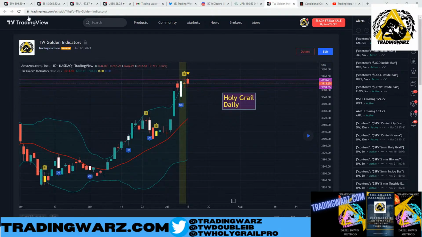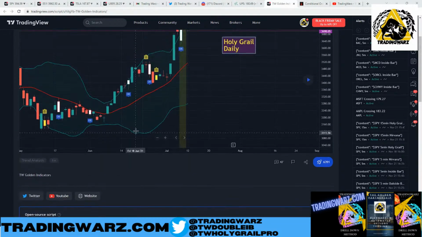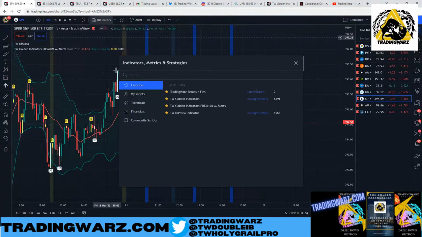All you have to do is click on the link, and when you scroll down, you'll see something that says add to favorites. Right now you can see it says remove from favorites because I already have it added. If you don't have it added, you just click add to favorites. Then when you go to your TradingView chart, you hit indicators, go to favorites, and you're going to be able to see what you have saved.